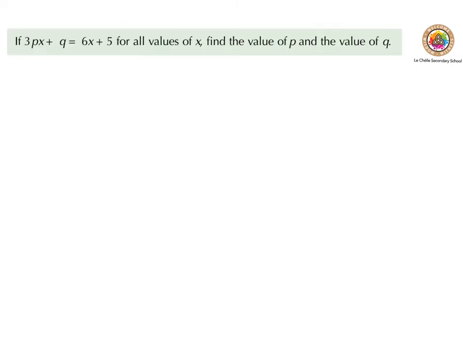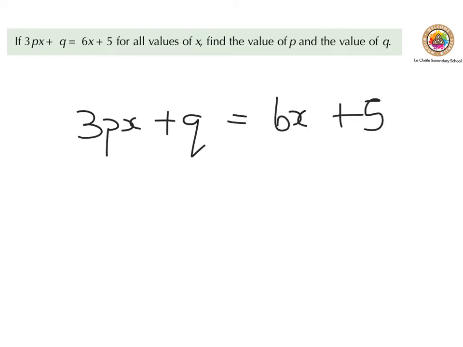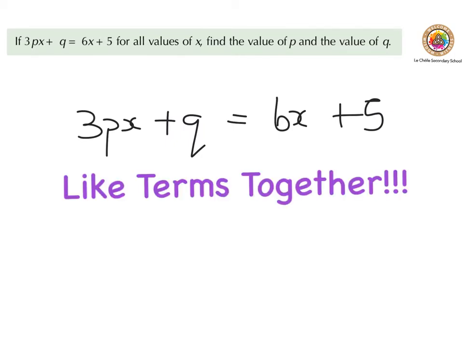So in our first question here, we're given an equation. We're told that 3px plus q is equal to 6x plus 5, for all values of x, and we're asked to find the value of p and the value of q. There's one simple rule that we need for these kinds of questions: like terms together.